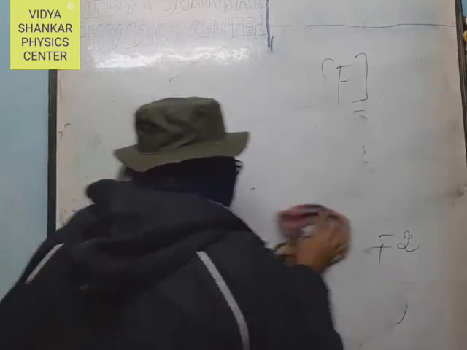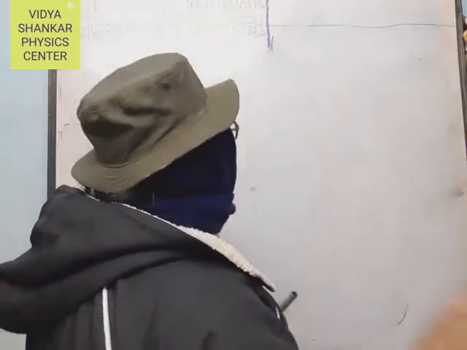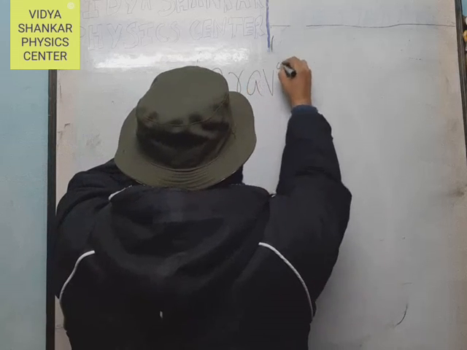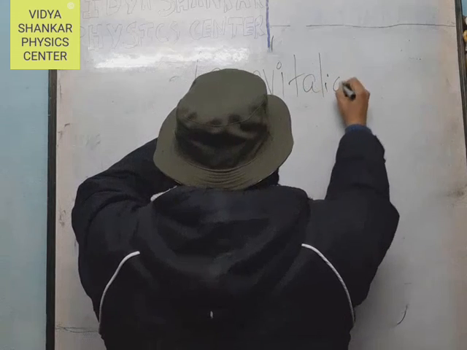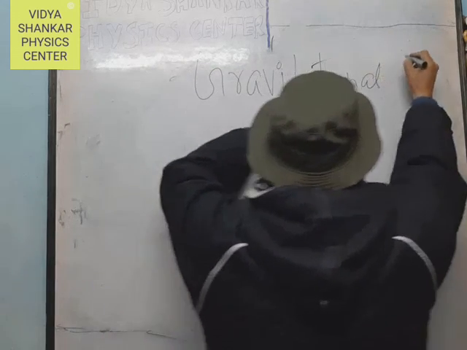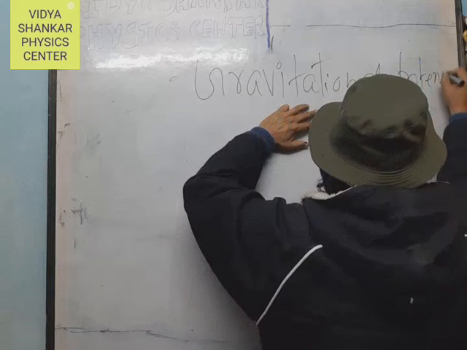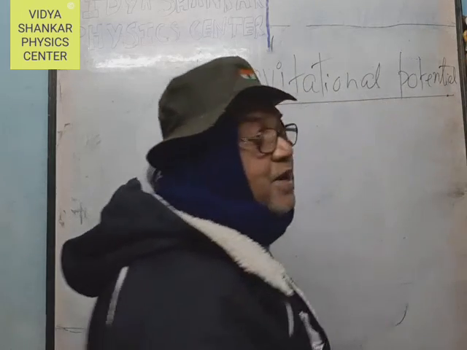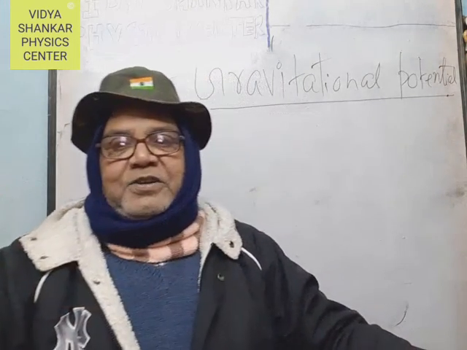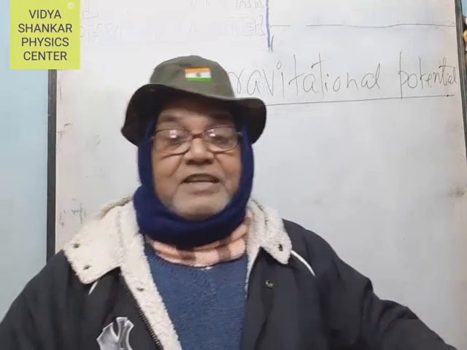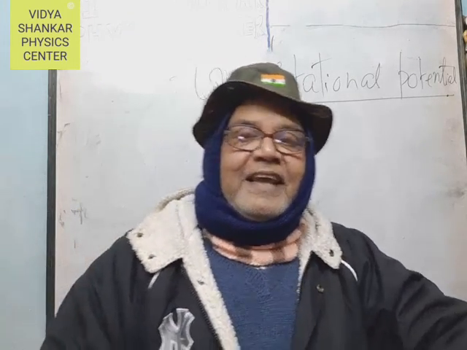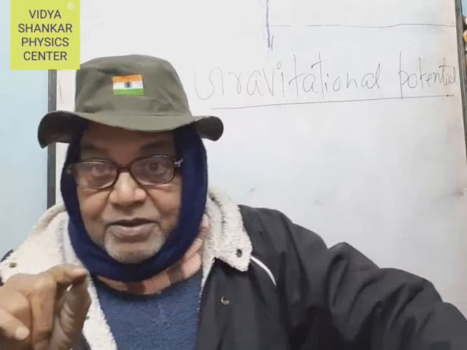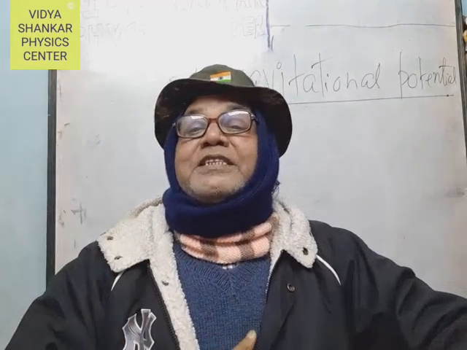Now gravitational potential. Gravitational potential, electrostatics, the third unit, magnetic effects of current, magnetic potential, and in the first unit of now the 12th class, electrostatics potential or electric potential.